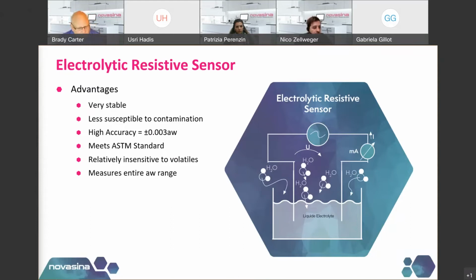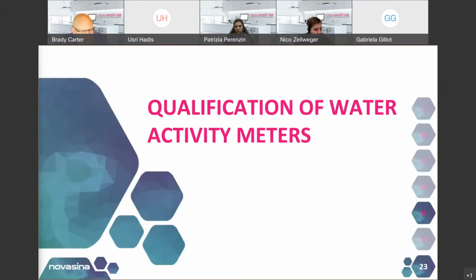For the chilled mirror, if those volatiles actually get to the mirror, they can co-condense on the mirror and actually result in erroneous readings. So it is really the top sensor in terms of the amount of maintenance that has to happen, its ability to measure all types of samples, its accuracy, does not have any hysteresis, which is what plagues the capacitance-based sensors and causes them to not be repeatable.